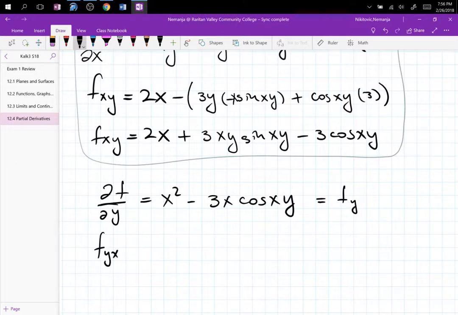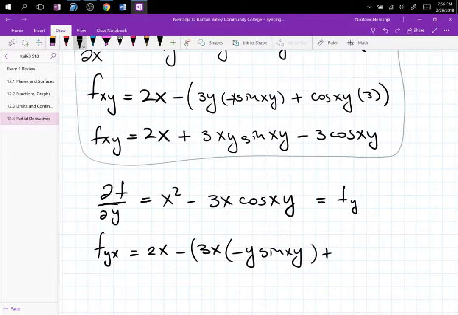And now fyx, so now I need to take derivative of this in respect to x, and I get 2x minus, and now I have the product rule here because you have x and x again. So copy the first, which is 3x, times derivative of the second, which is negative y sine xy, plus copy the cosine xy times 3. There we go. Close the parenthesis at the end, and I'll simplify, get the same thing.